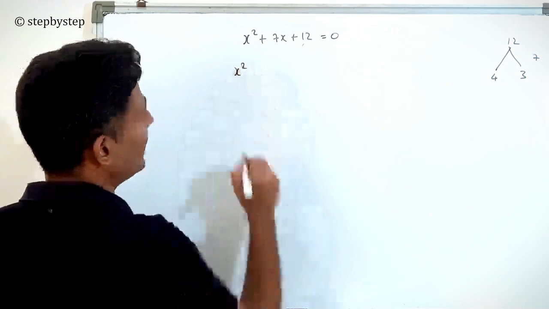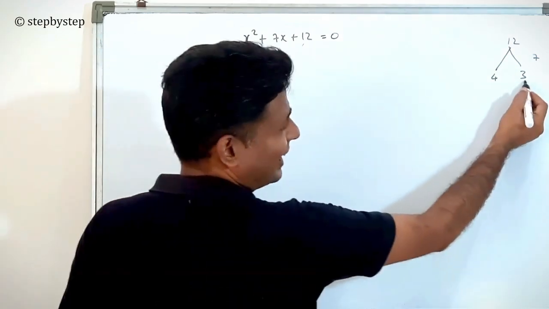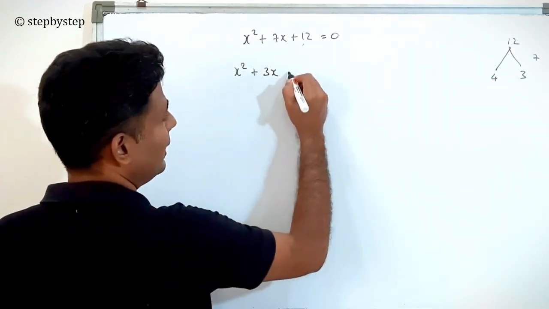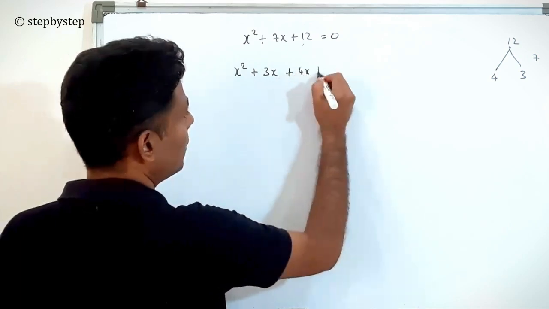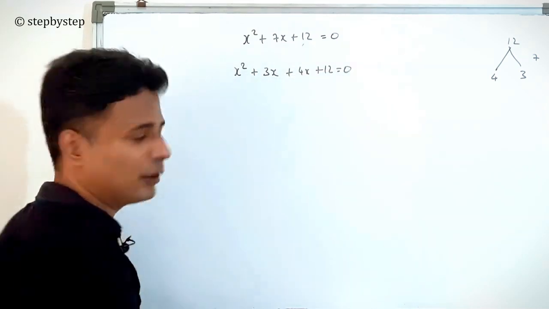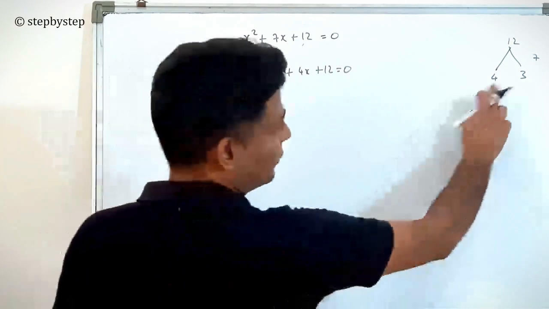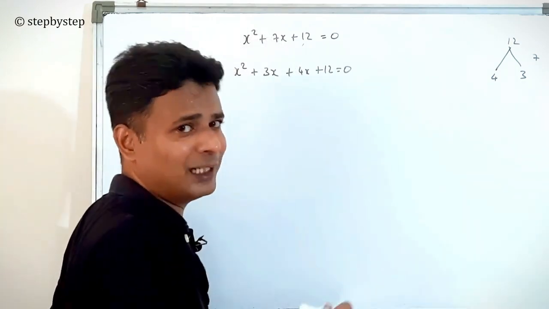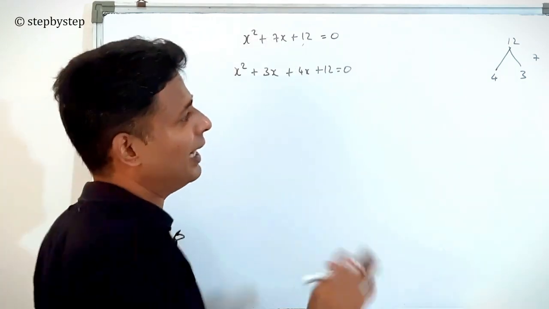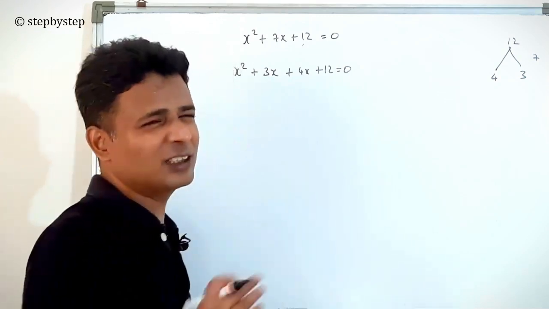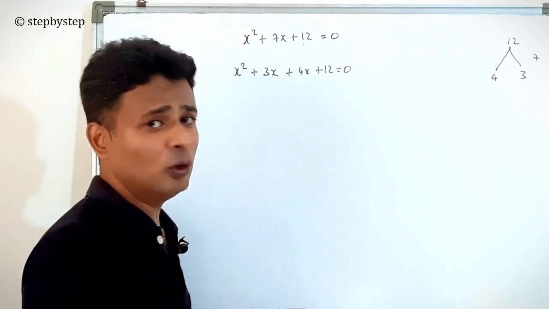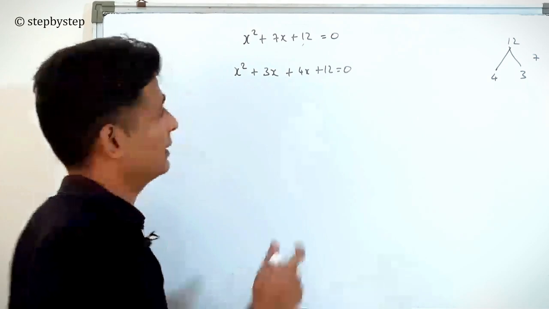So I'll write it like this: x square plus, now I'll take the smaller number first always, 3x plus 4x plus 12 equal to 0. It does not matter whether you write plus 4x plus 3x or plus 3x plus 4x, but I generally find that if I take the smaller number first, it's easy to split and factorize.